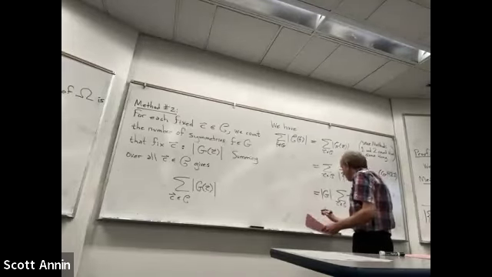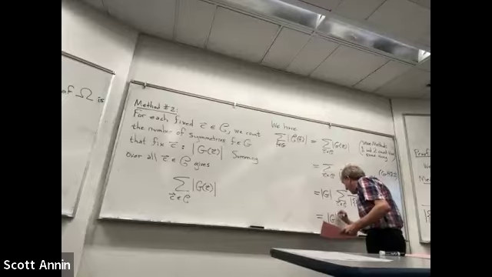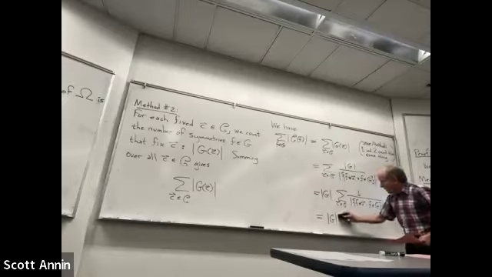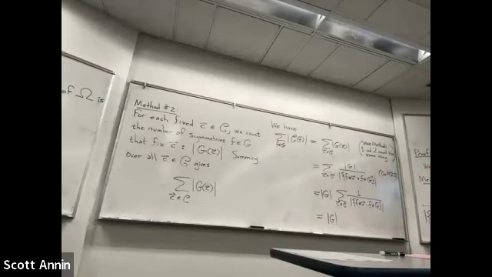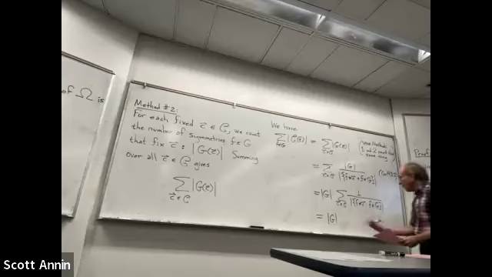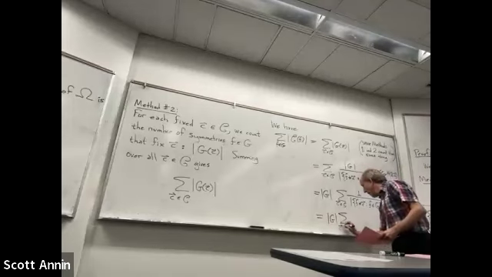And now I'm going to rewrite that again. So that step doesn't need any justification. I'm just pulling the constant value out.